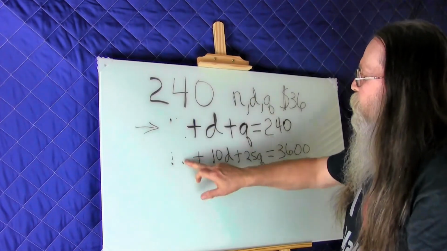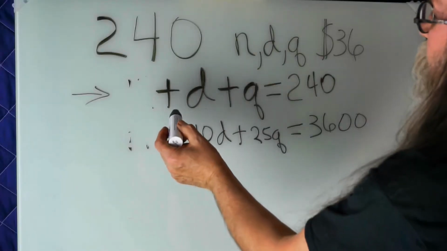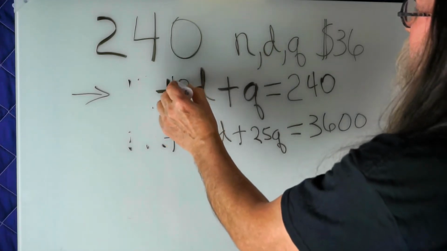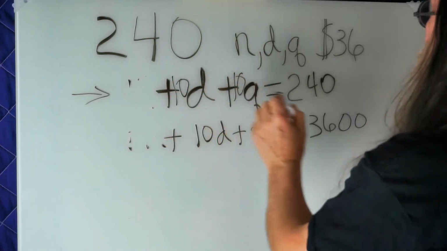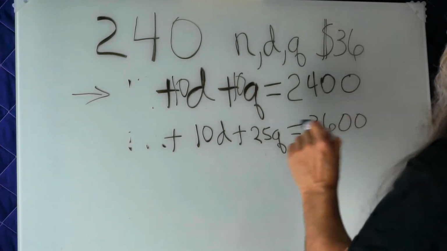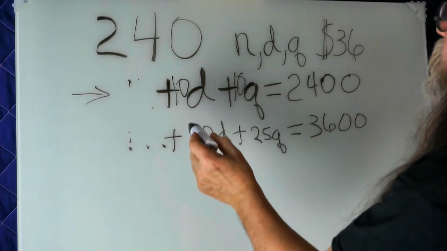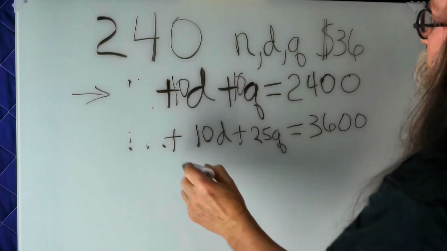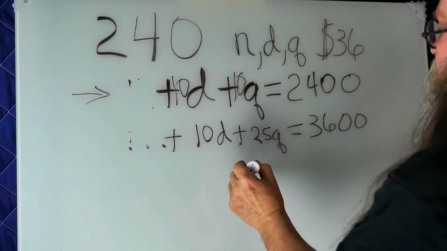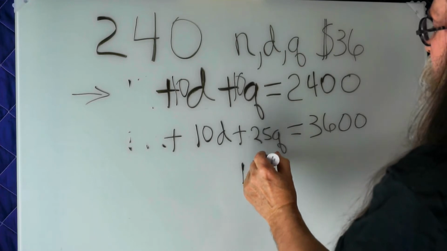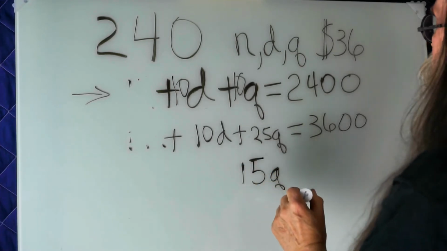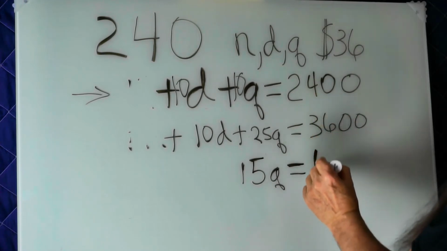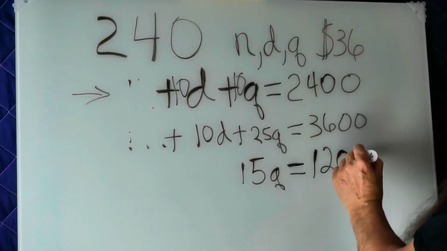So if we just go ahead and do this, what we'll do is if we multiply this by 10, this by 10, this by 10, and if we subtract this equation from this equation, the dimes go away. 25 minus 10 is 15 quarters equals 3,600 minus 2,400 is 1,200.